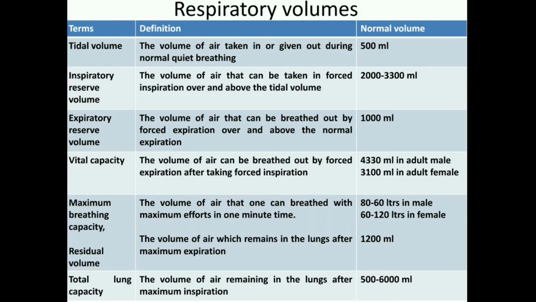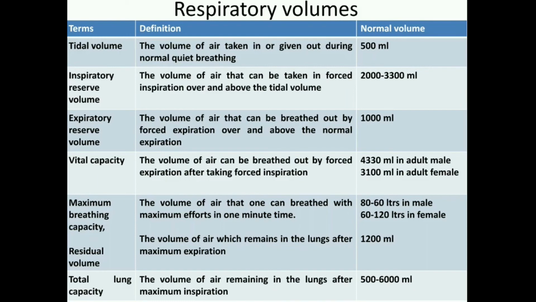Number 4, vital capacity, the volume of air that can be breathed out by forced expiration after taking forced inspiration. In the previous two we had forced inspiration and forced expiration separately. Here these two will be done together, respectively.